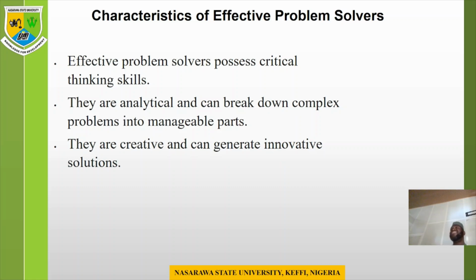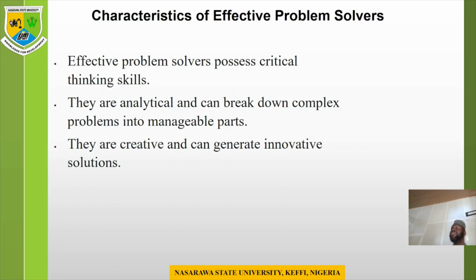If you must say that, it should be because of factor A for that particular student, factor B, factor C. If you look at them together, having those attributes, this particular candidate cannot perform very well in computer science. You can see that these are some of the attributes of a critical thinker. He looks at things objectively, he looks at things based on evidence. He doesn't just say things anyhow. Because if you don't possess these attributes, of course, you are bound not to be a great problem solver.